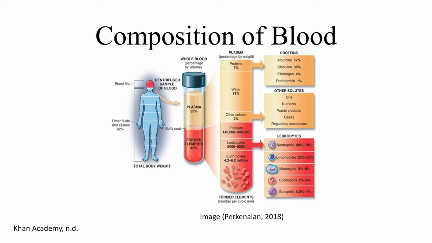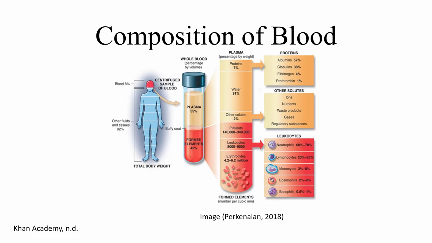So there's albumins, globulins, fibrinogens, and prothrombins. And albumins is 57%, globulins is 38%, fibrinogen is 4%, and prothrombin is 1%. So that's the breakdown of proteins inside the plasma.